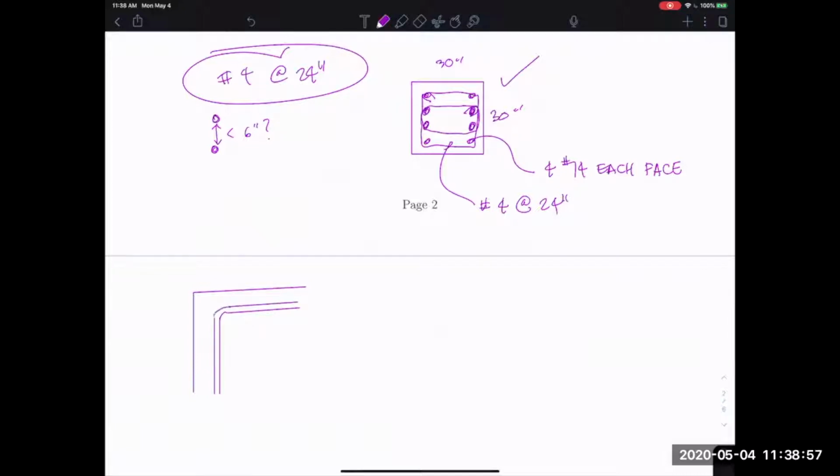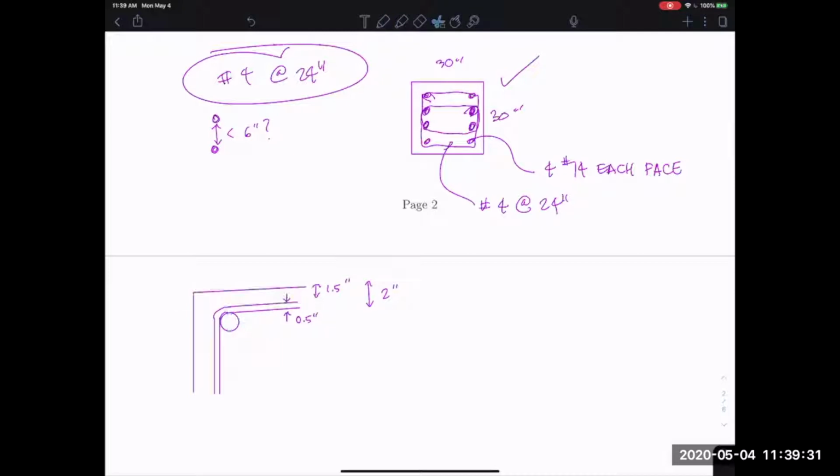And then you got this bar, it's actually kind of big. Okay. The cover is 1.5 inches. The diameter of a number 4 bar is 4/8, so that's 0.5 inches. So to the outside of the bar is 2 inches. And we have 4 of those bars, right?